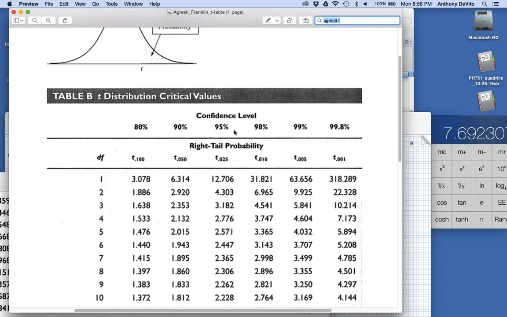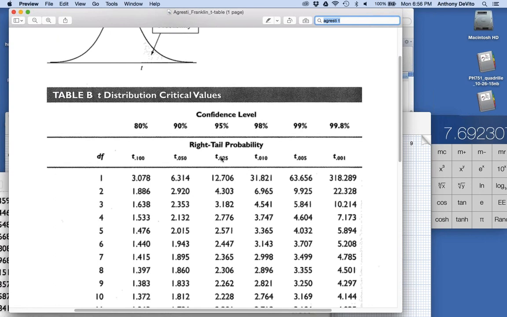This one gives you the confidence level and the right tail probability. If you look at this 95% confidence interval, that means that 2.5% probability is in each tail. So the right tail is 2.5, the left tail is 2.5. So all you have to do is go down this column, and you know you're right because it's 95%, and the t is alpha over 2 is 0.025, half of the remaining 5%.